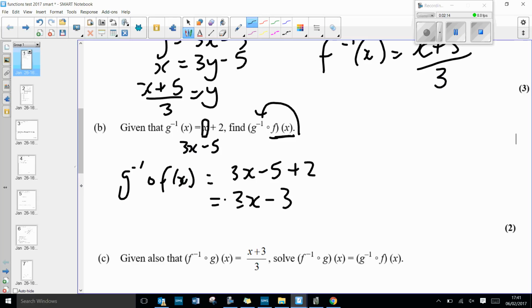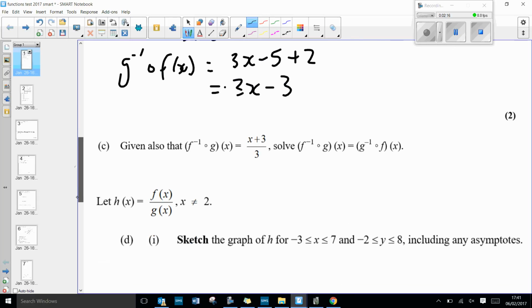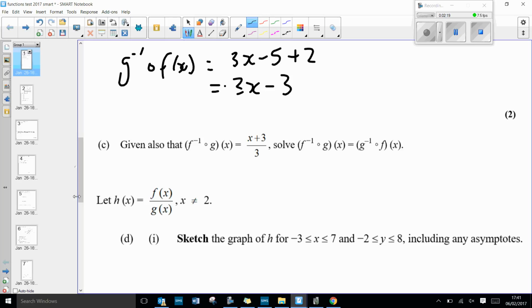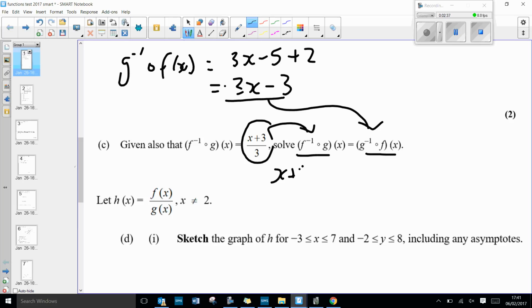Given also that we need to solve that this function is equal to this function. So they've given us an expression for this first one. We've established the second one, so we need to put those equal to each other. So x plus 3 over 3 equals 3x minus 3.